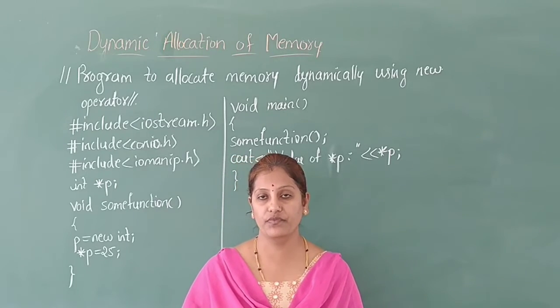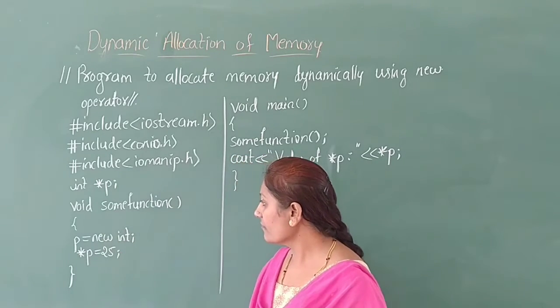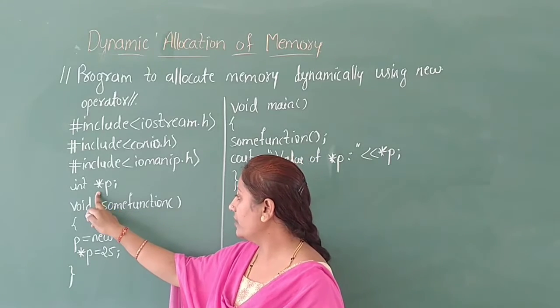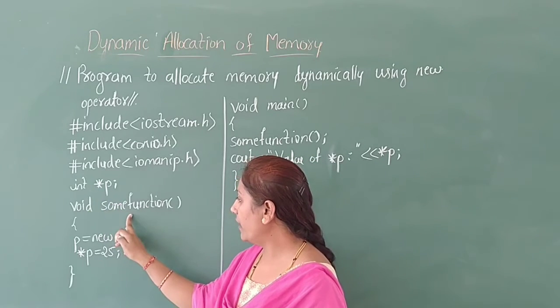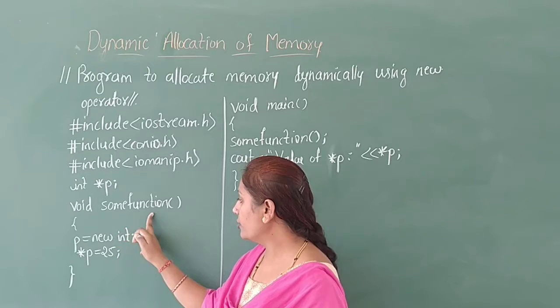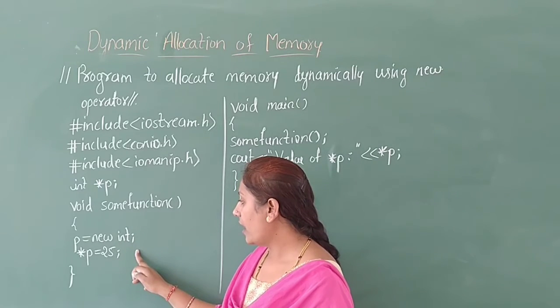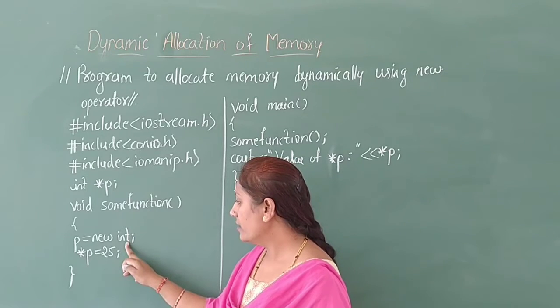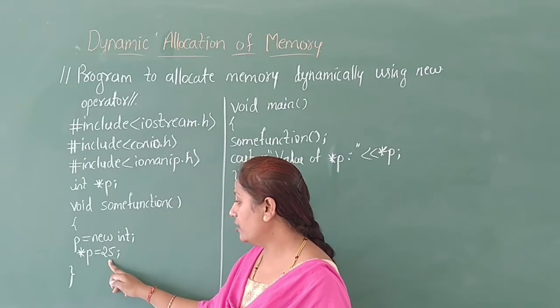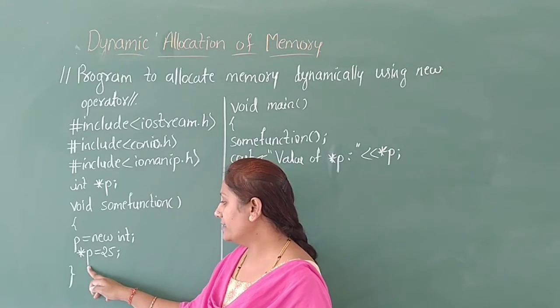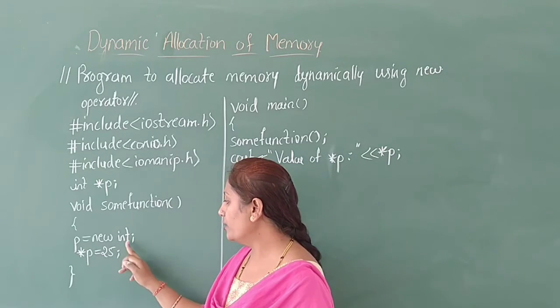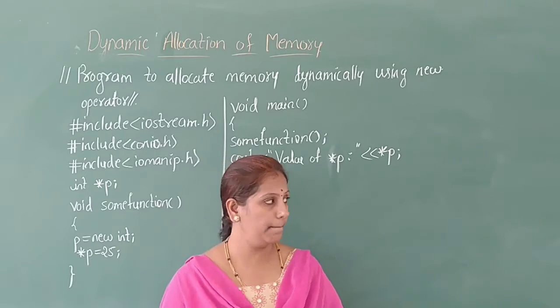the program. It contains a pointer variable p and a function, the sum function, and in the sum function it allocates new memory for an integer type and holds the value 25, and p is a pointer variable pointing to the new memory.